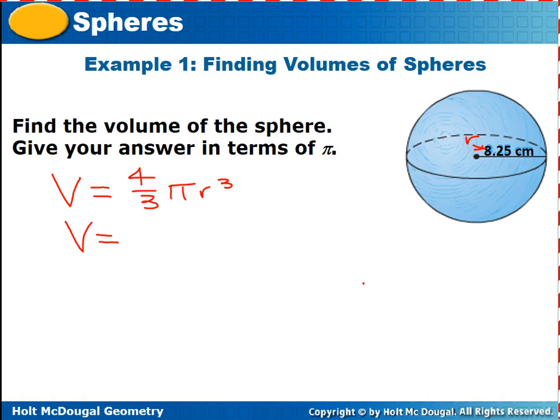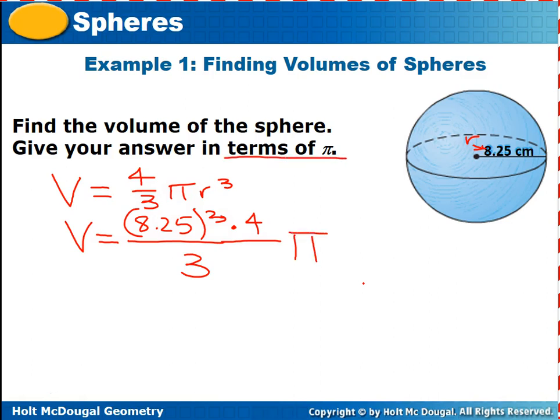So volume is equal to, I go ahead and take this r cubed, and that's 8.25, and I cube that. And then I multiply that times 4, and then I divide all of that by 3. So in my calculator, I always cube the 8.25 first, then I multiply that times 4, then I divide that number by 3, and then I add pi at the end.